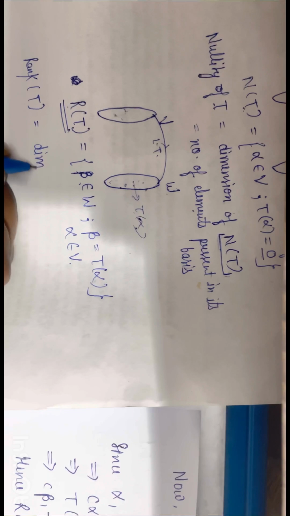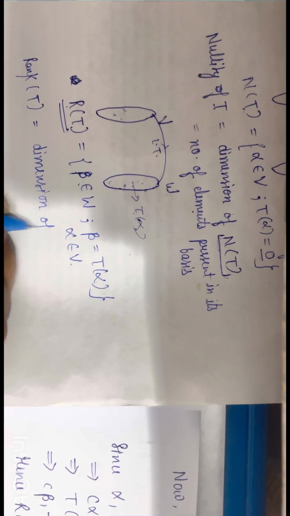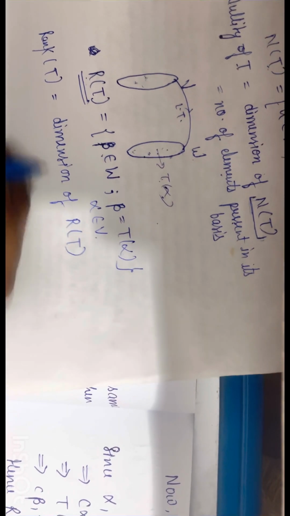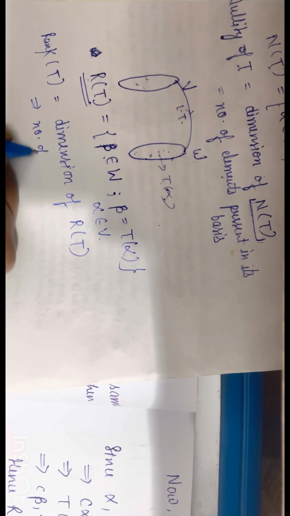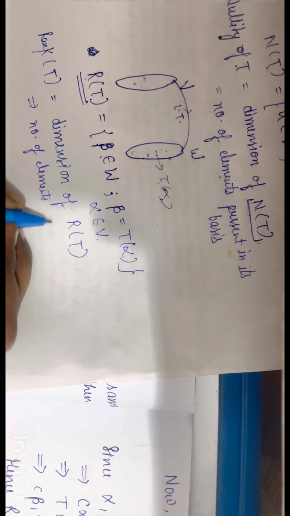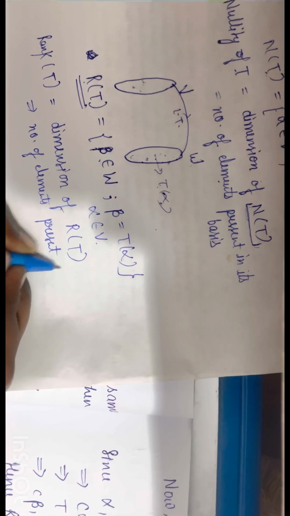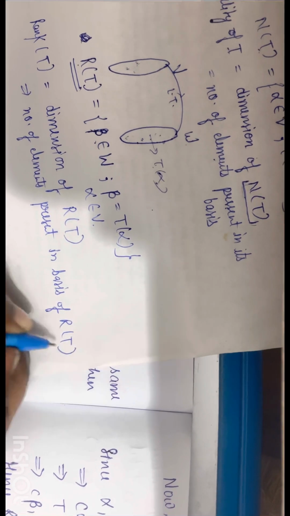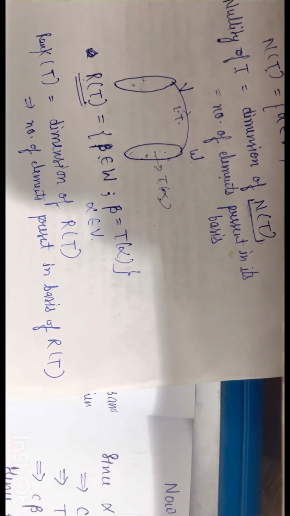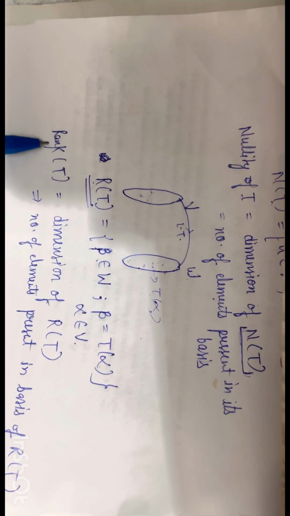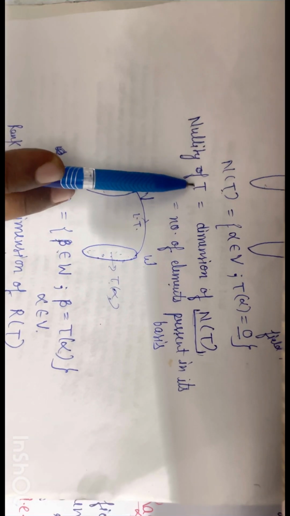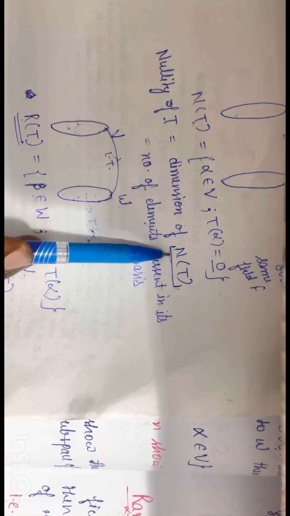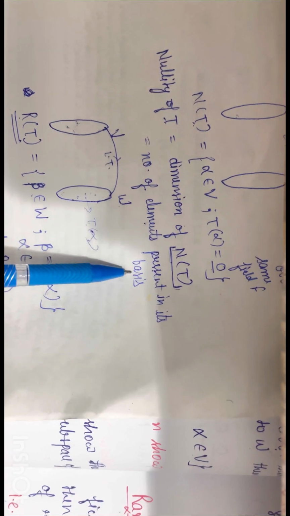It is the dimension of the range space of T. Dimension of the range space of T means the number of elements present in the basis of the range space of T will be the rank of T. So now it is clear what is the rank of T and what is the nullity of T. Also we are aware of what is the dimension of any vector space. It is the number of elements contained in its basis.